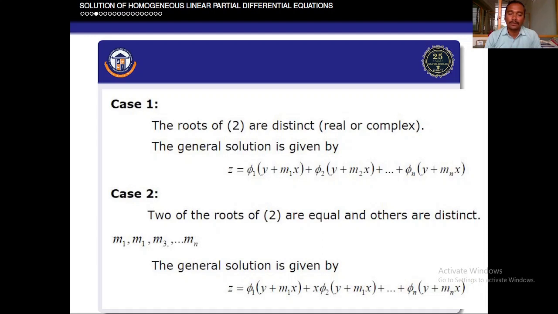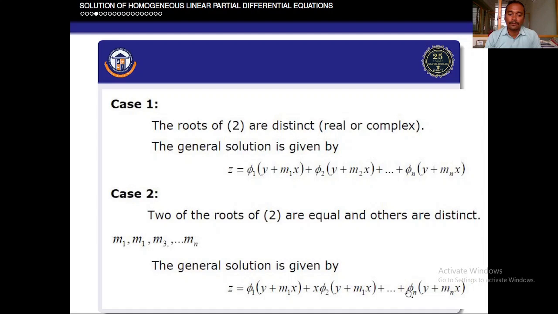If any two roots are equal, that means the first two roots are equal, the complementary function can be written in this form: phi1 of y plus m1x plus x into phi2 of y plus m1x plus etc. plus phin of y plus mnx.